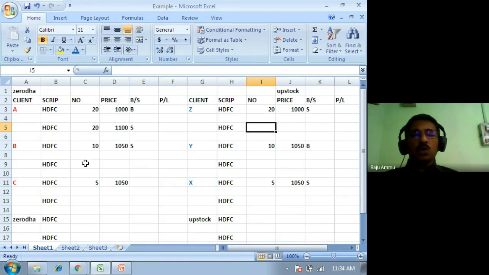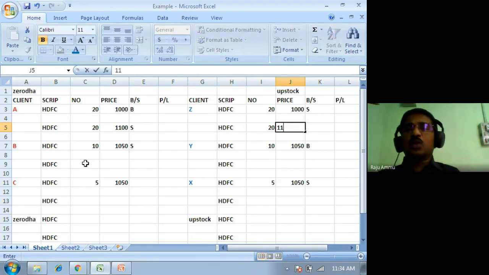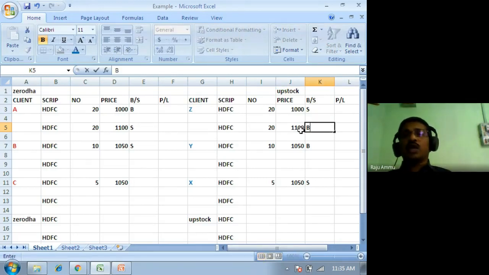He wants to square off his position of 20 shares. This is only an imagination, friends, that he is going to buy the shares for the sell which he has already entered, squaring off his position of 20 shares in the market at 1,100 rupees.